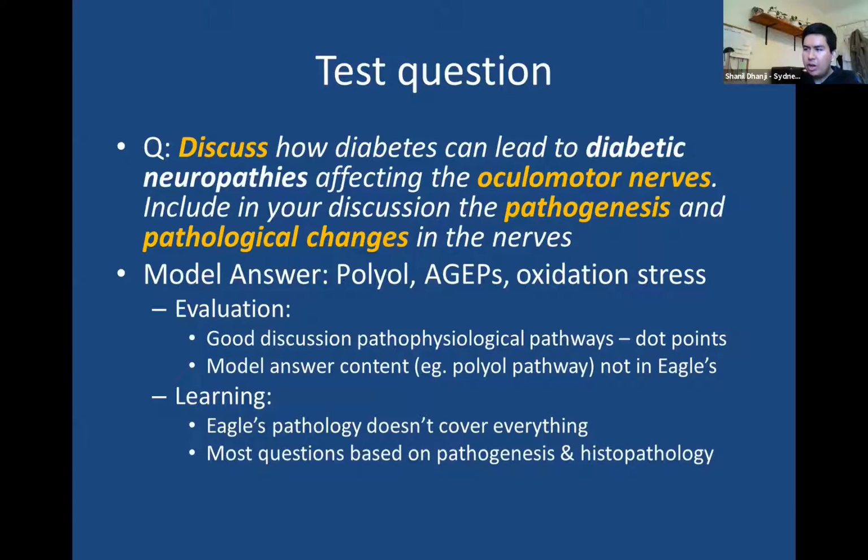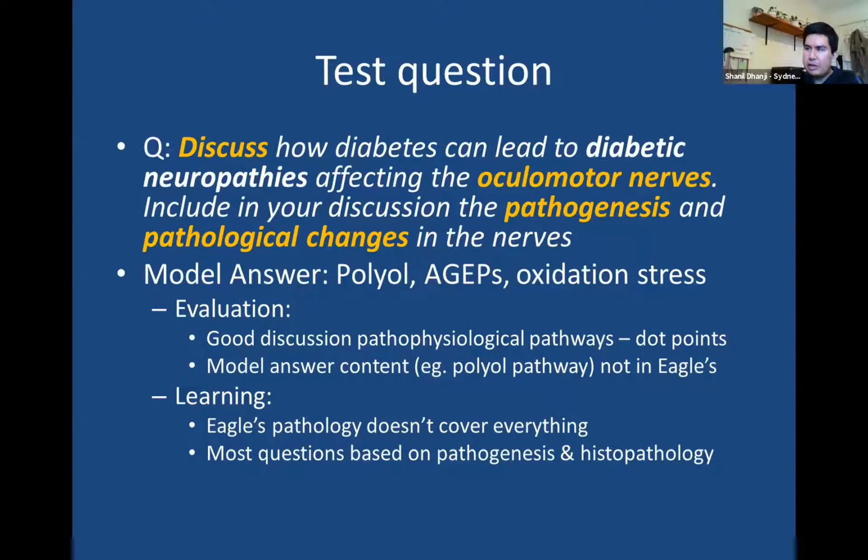It was very good in describing pathophysiology, but there wasn't much in terms of histology. So when they're asking for pathological changes, the model answer had good pathogenesis, but didn't actually describe exactly what you're looking at under the microscope.